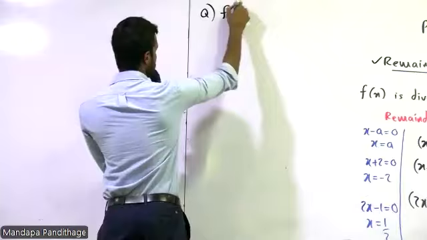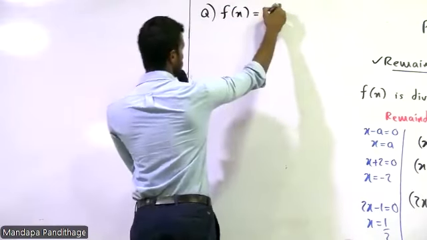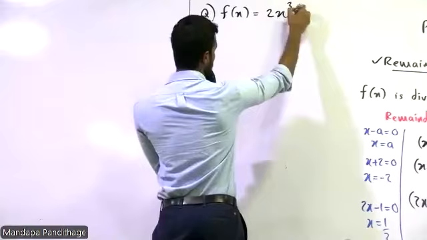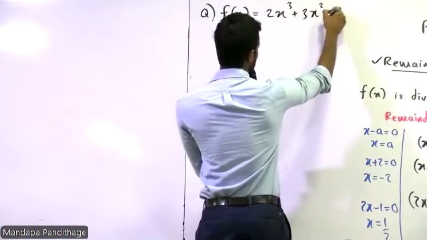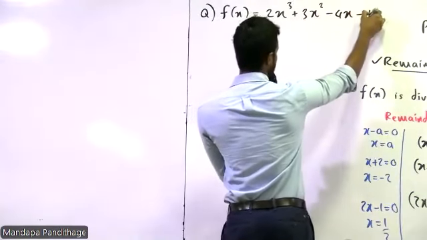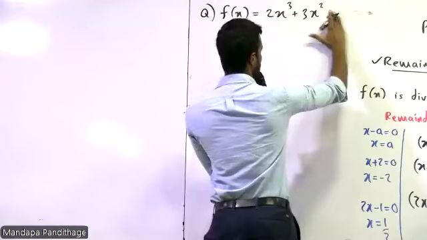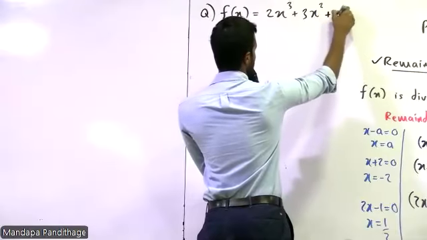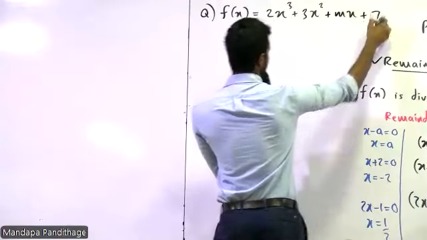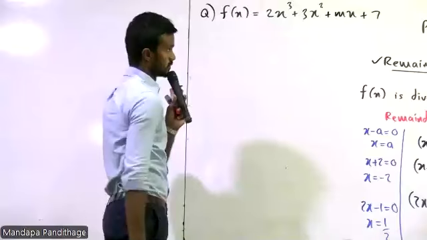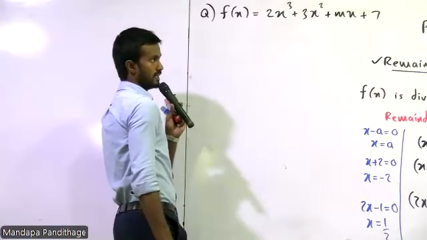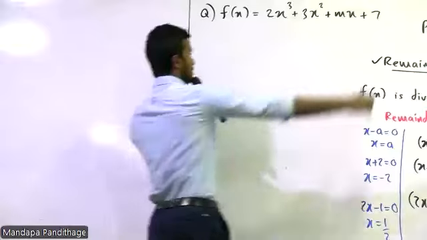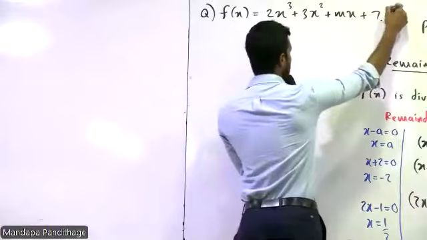Write this: f(x) is equal to 2x cube plus 3x squared minus 4x plus mx plus 7. Find m.